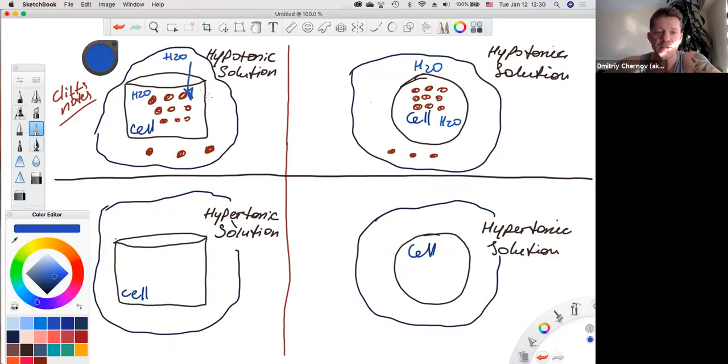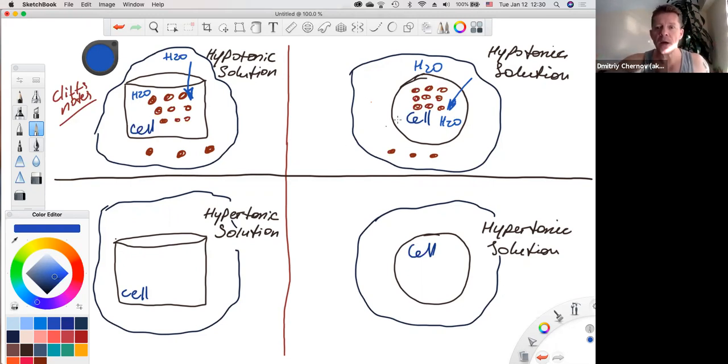Water will enter the cell in a hypotonic solution because there are more particles inside of the cell. So when the solution is hypotonic, the cell will get a lot of water and will start growing, inflate, and can burst. That can lead to cell death.